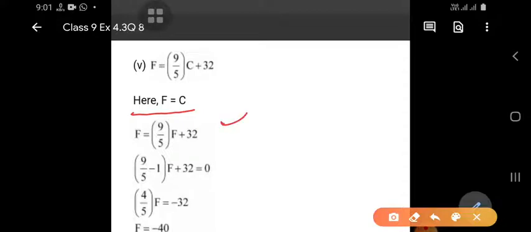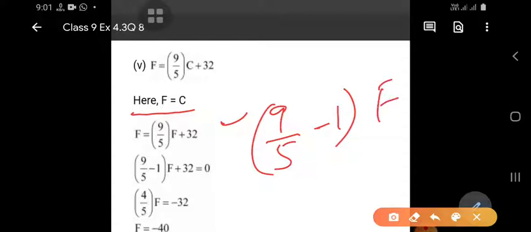Look at here, then what happened, 9 by 5 F, transpose F from the right side to the left side, so it will be minus 1. Look at here, which is given here. When you solve it, you will get 4 by 5 F. Now plus 32 is transposed from the left side to the right side, that is minus 32.